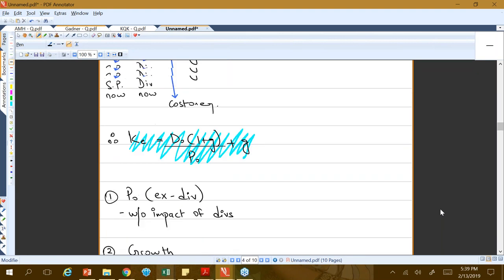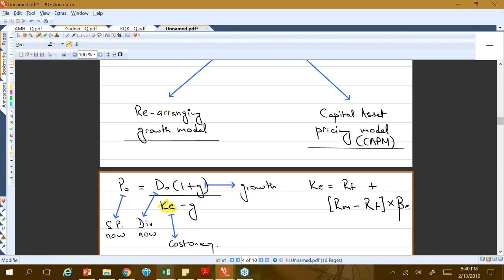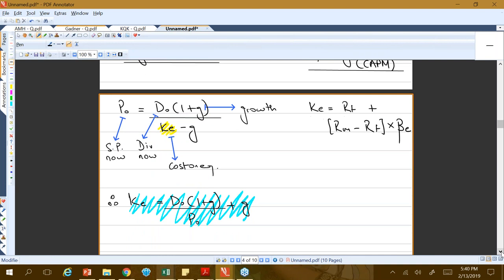Now, the other way of working out the cost of equity is to use the CAPM. And CAPM says that KE is equal to RF plus (RM minus RF) times beta equity. This is the CAPM equation which is given to you in your formula sheet as well.